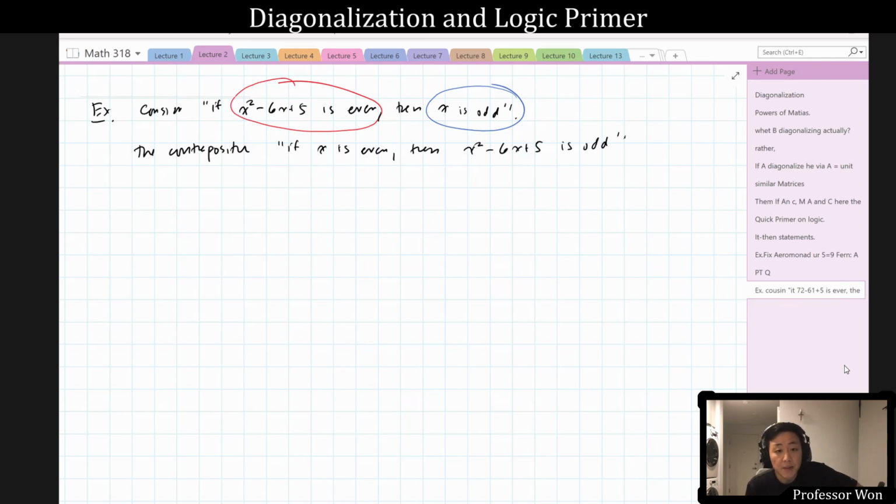And the contrapositive might be easier to show. In this case, it is easier to show because x is even is something very simple to work with. Okay, so if I wanted to prove this, I will instead show the contrapositive.